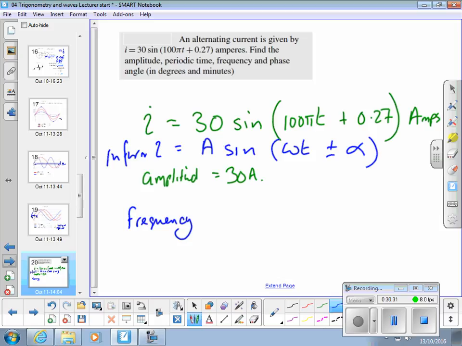Which bit is related to the frequency in hertz? Omega is equal to 100 pi, pulled out of the question. Remember, this bit is omega t, so omega must be 100 pi. Get rid of the t.